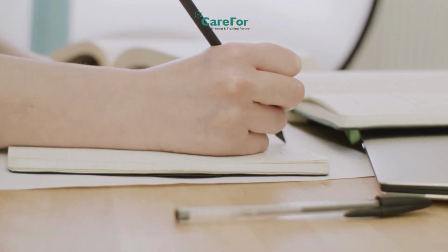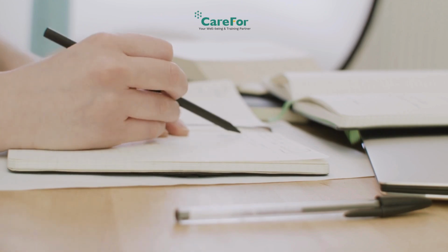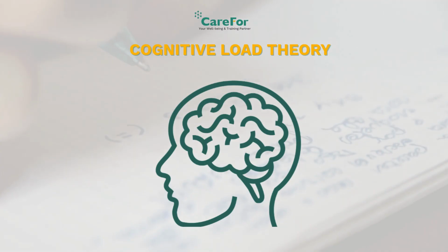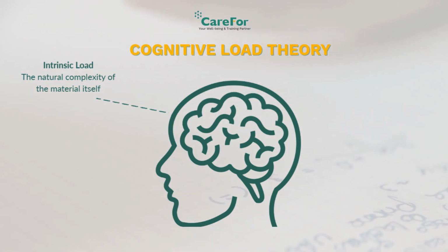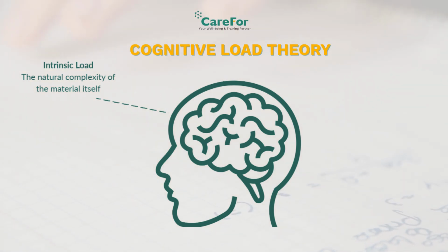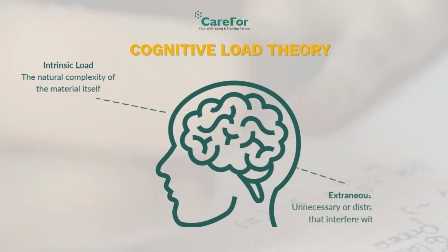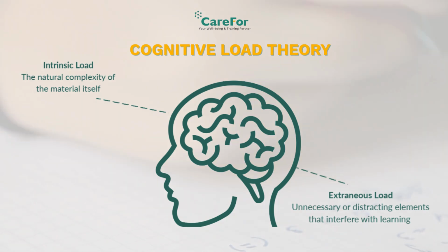According to the cognitive load theory, there are three types of loads the brain must handle during learning. Number 1, intrinsic load, the natural complexity of the material itself. For example, medical knowledge is inherently complex for learners. Number 2, extraneous load, unnecessary or distracting elements that interfere with learning.